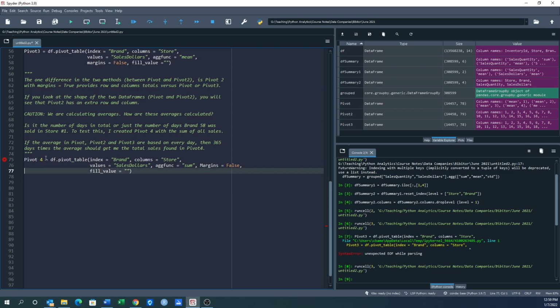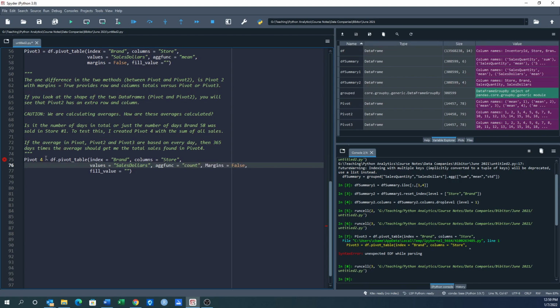Now, I could also just do a count and find out how many times I had sales dollars versus the sum. I think I can change this to count.